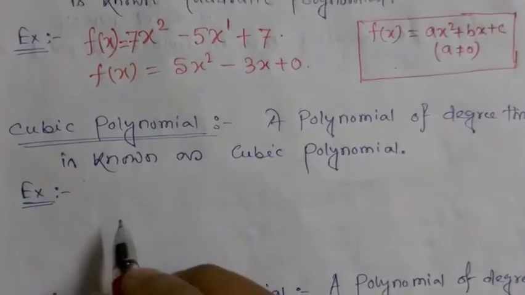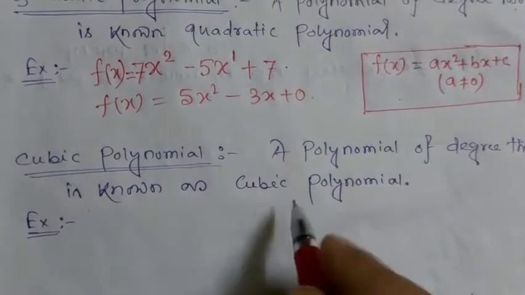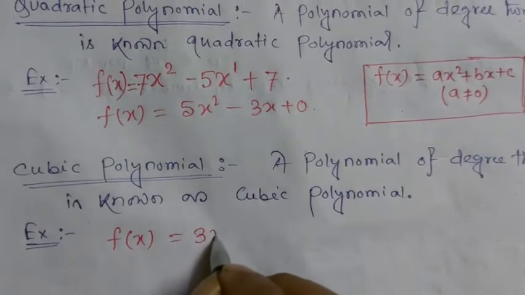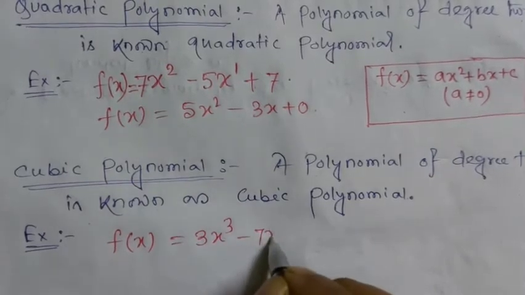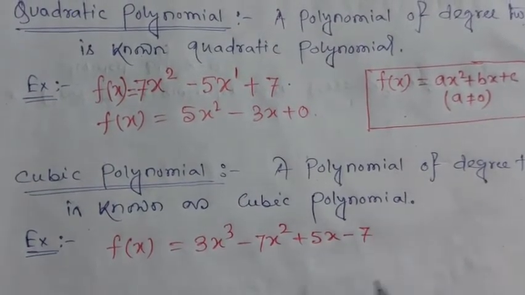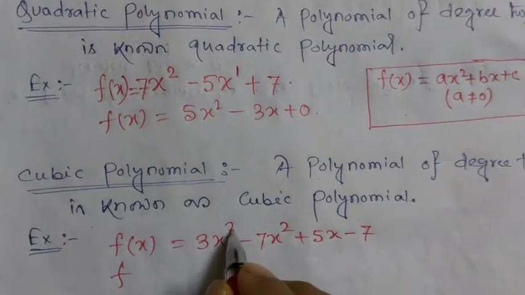Cubic polynomial means a polynomial of degree 3, so the highest power is 3. For example, 3x³ − 7x² + 5x − 7, where the highest power is 3.